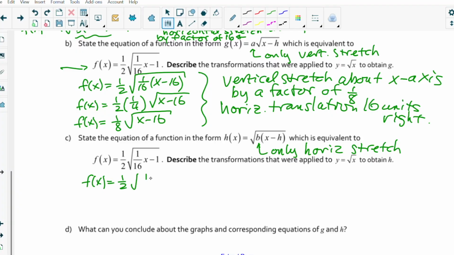First, let's start off with this 1/2. I'm going to factor, so I have x minus 16. I have 1/2 times the square root of 1/16 times x minus 16. And when I convert that 1/2 as part of the radicand, it turns into 1/4.